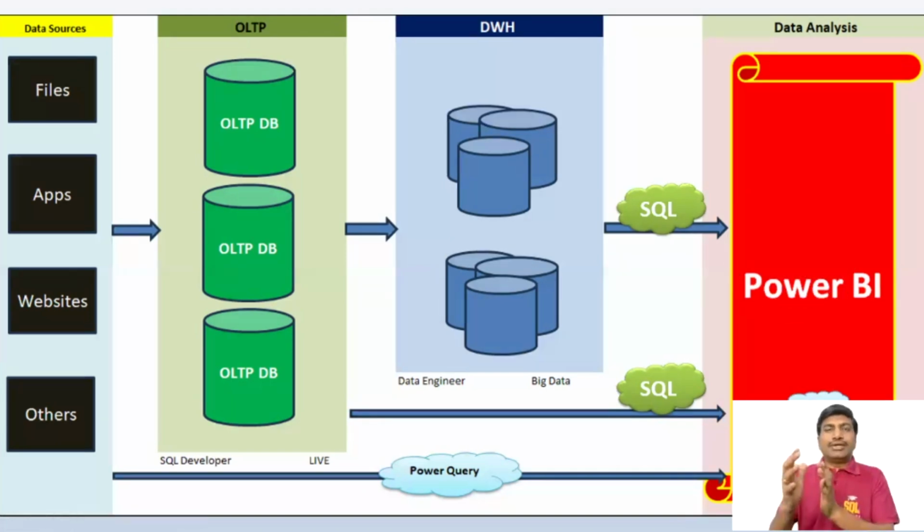Power BI can read data from a wide variety of sources. It may be an Excel file or a flat file like text, CSV or tab separated value TSV, DAT files, AVRO, Parquet, JSON, XML, HTML.